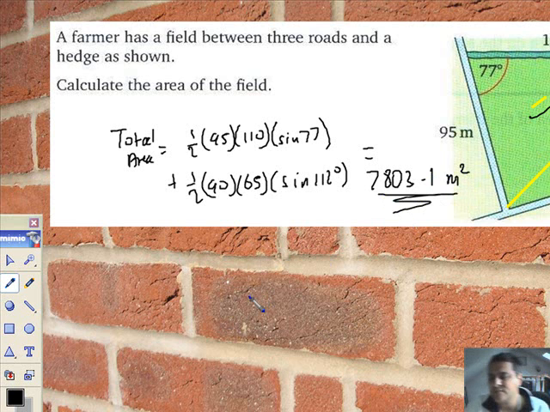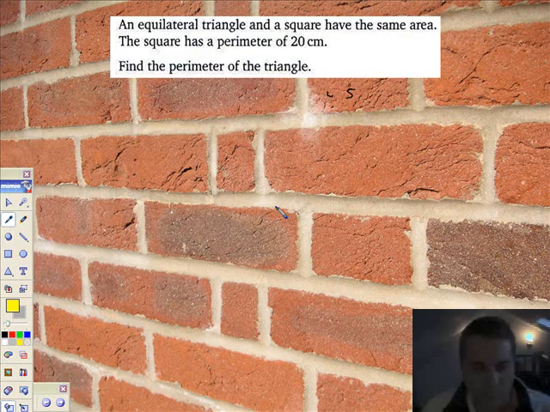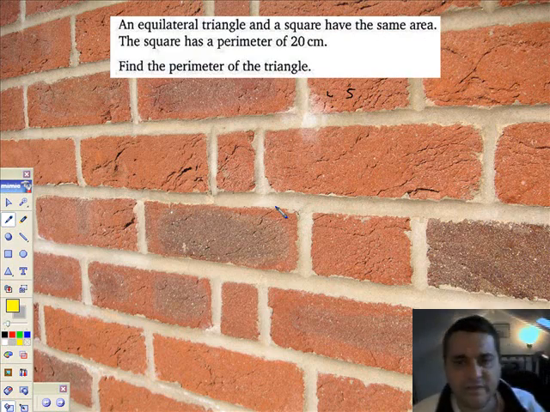Does that seem reasonable? Well, if this was a rectangle alone, it'll be about 110 times 95, roughly 100 times 100, 10,000. So we're in the right sort of range.